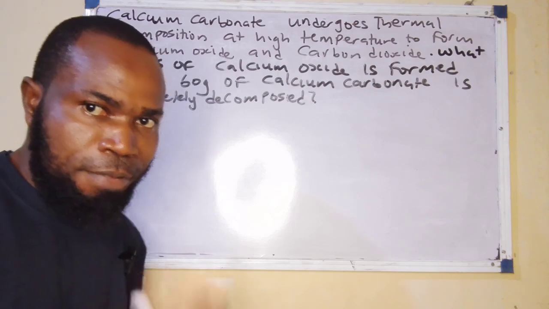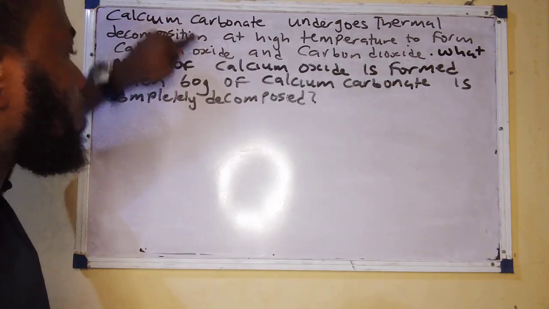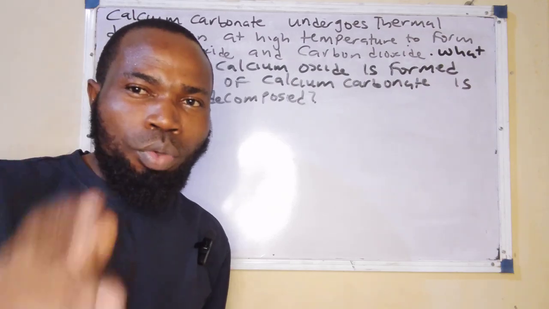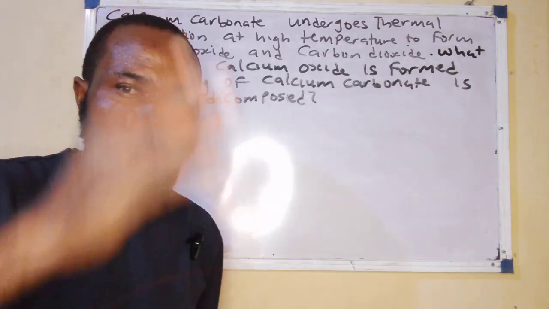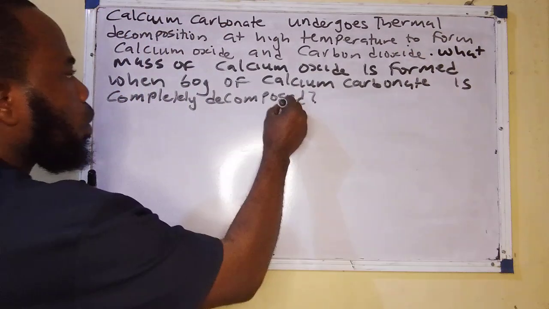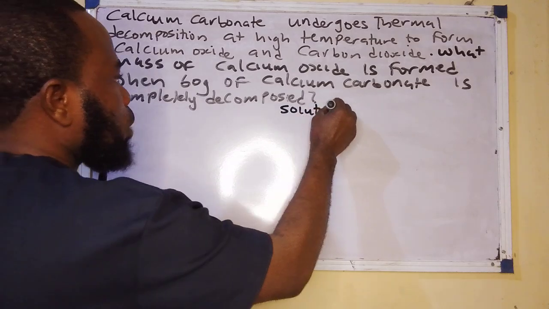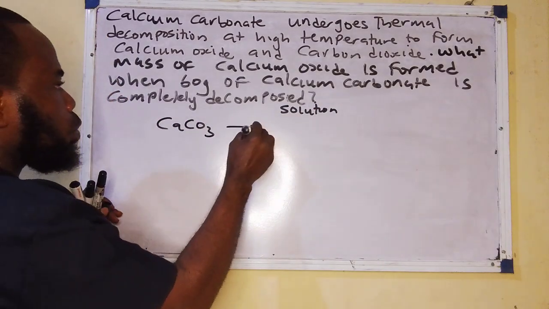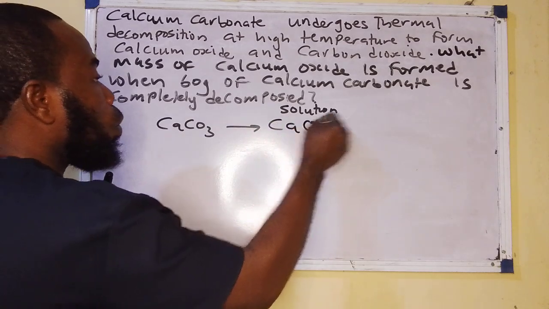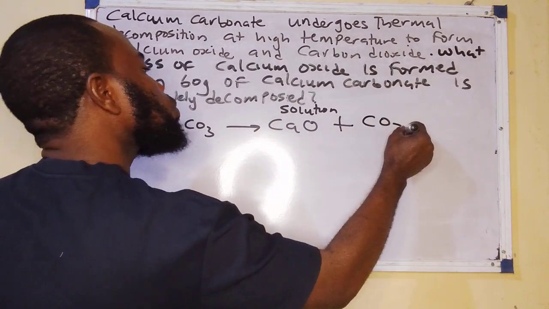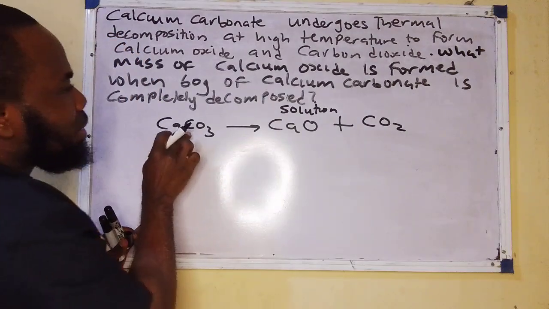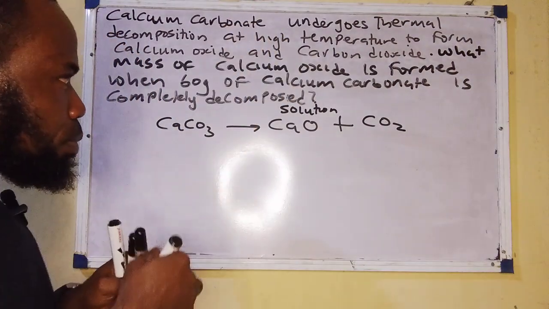First thing first, you have to know calcium carbonate is limestone. Then you have to write out the reaction that shows the decomposition of limestone. Quickly, let's get into it. What is that particular reaction? This is CaCO3 decomposing to form CaO plus CO2. Now look at it small, small. If you look at the question very well, check the question.